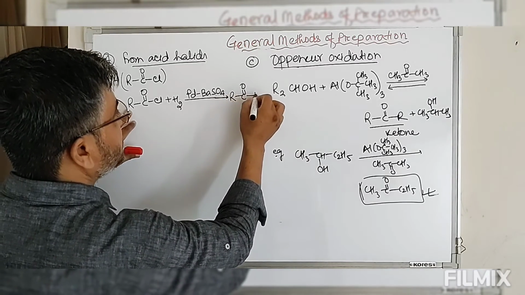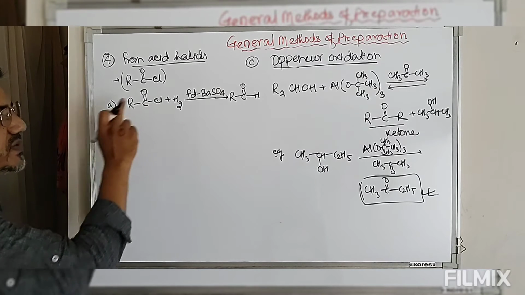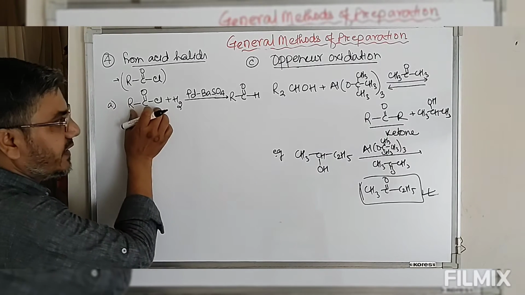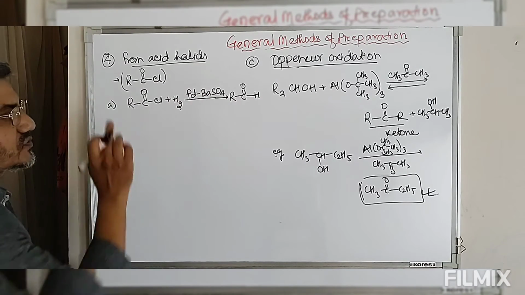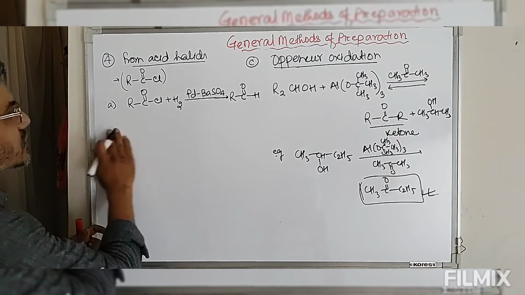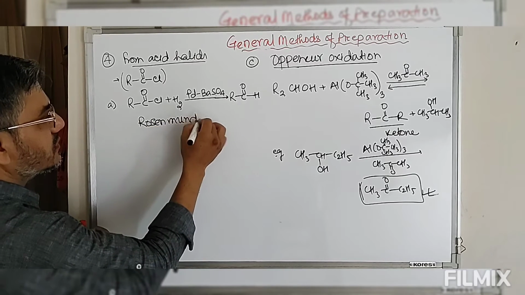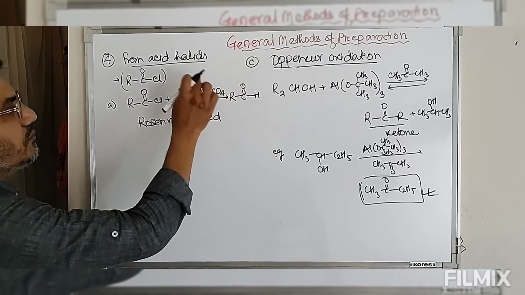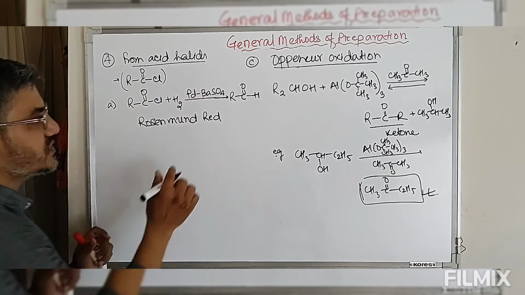So this is specific for aldehyde. We are removing the Cl from this acid halide and replacing it by hydrogen. So this is a reduction reaction because we are adding hydrogen. This conversion of acid halides to aldehyde by use of palladium supported on barium sulfate is known as Rosenmund reduction. So Rosenmund reduction is the reduction of acid halides to aldehyde by reaction with hydrogen in presence of palladium metal supported on barium sulfate.